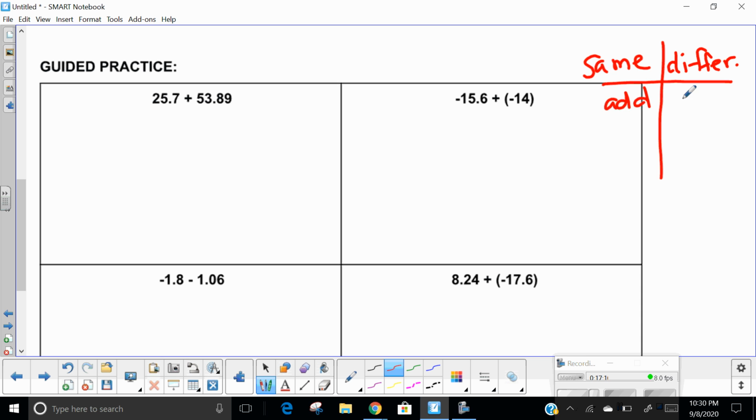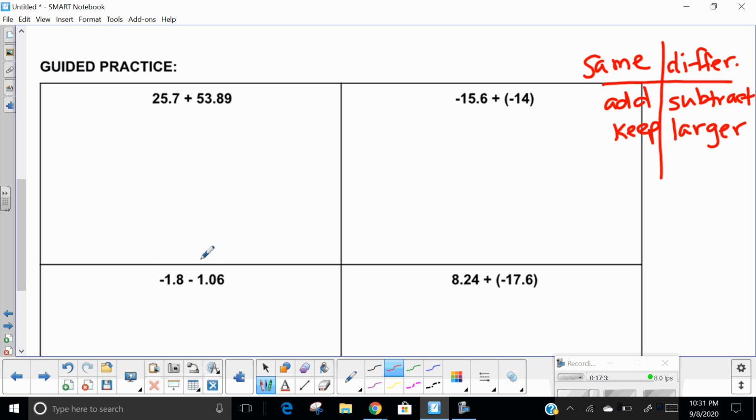I'm going to abbreviate. Subtract. Same sign, keep the sign. Different, keep the larger.